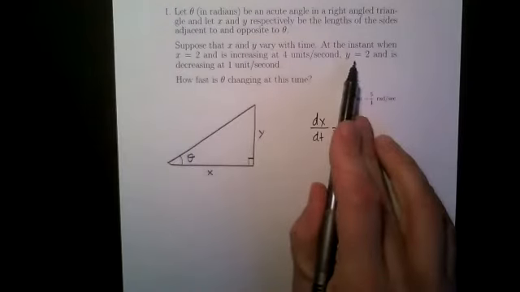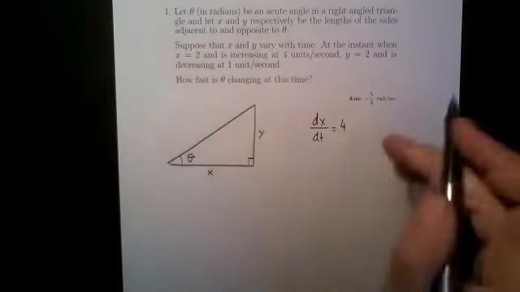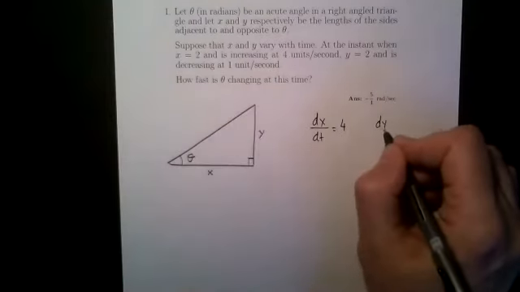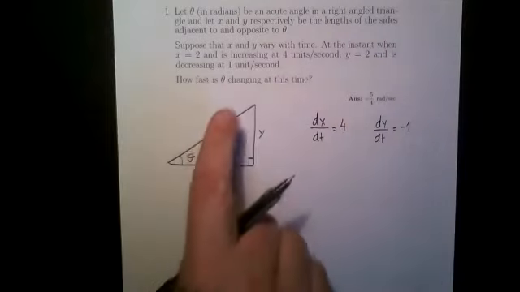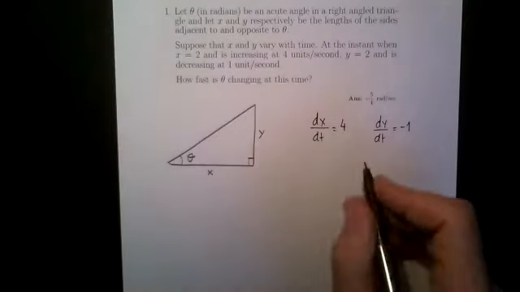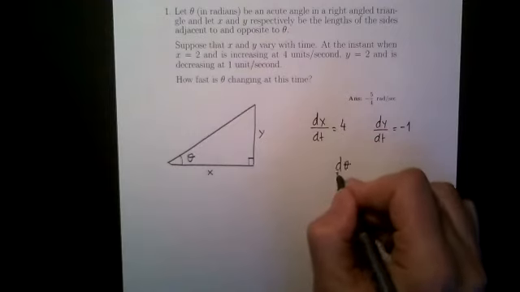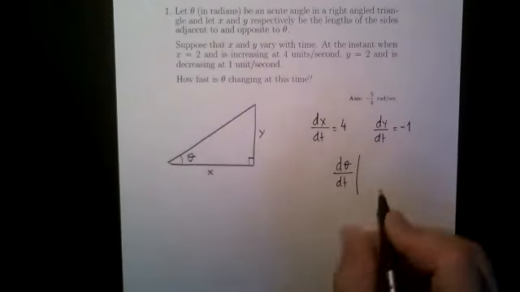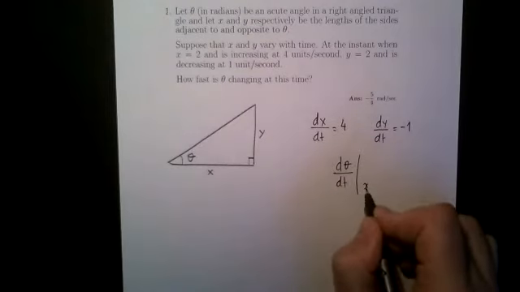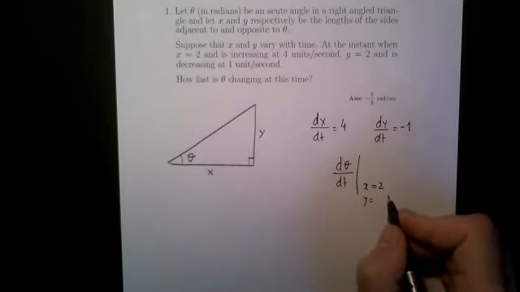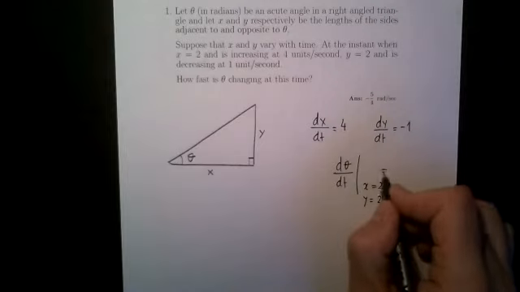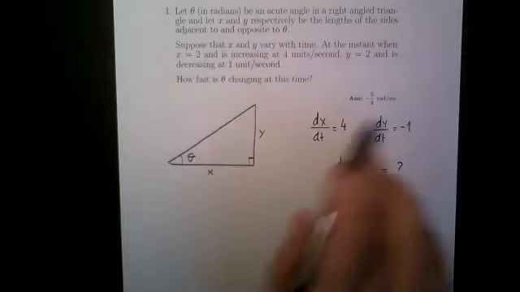And y equals 2 and is decreasing at 1, so dy/dt is -1. How fast is theta changing at that time? So we're looking for d theta/dt when x is 2 and y is 2. This is my question.